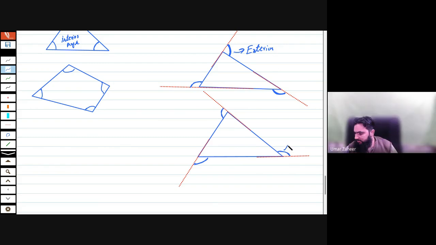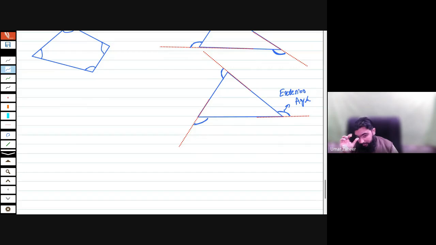So these angles are known as exterior angles. Now we have the property between the interior angle and the exterior angle.